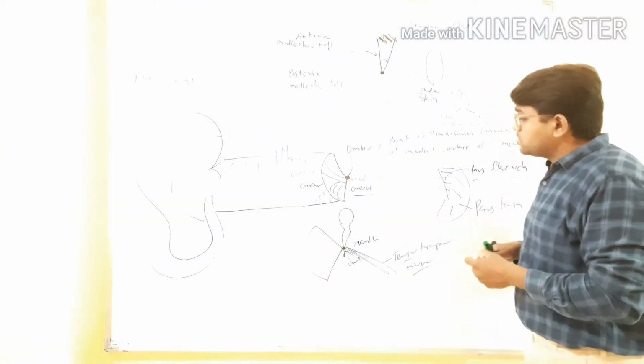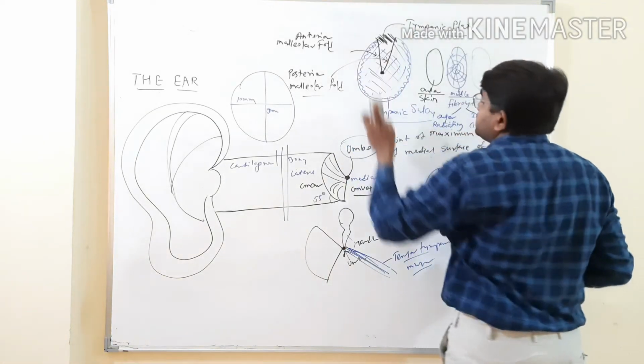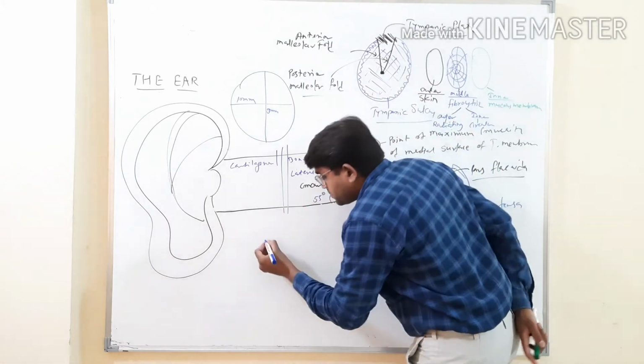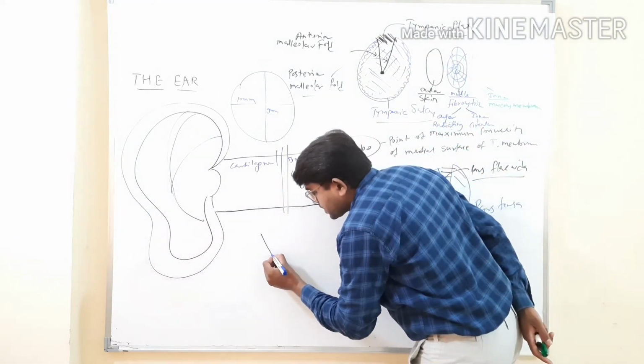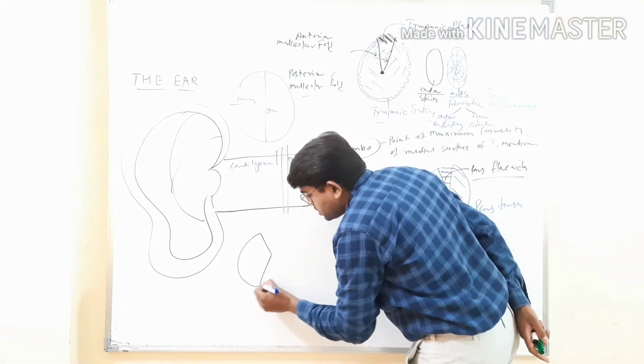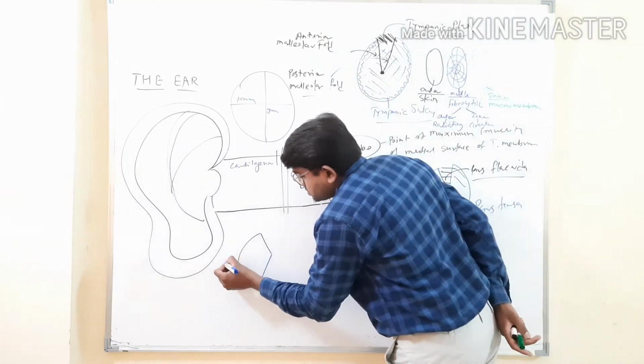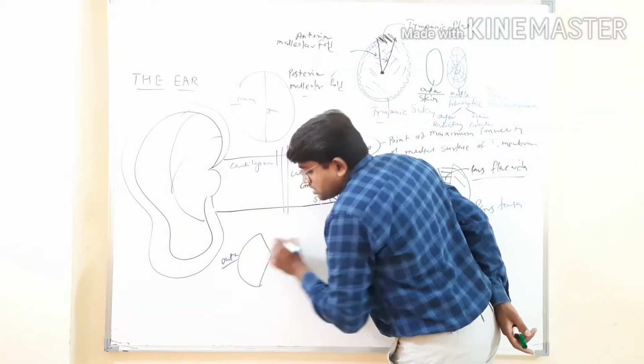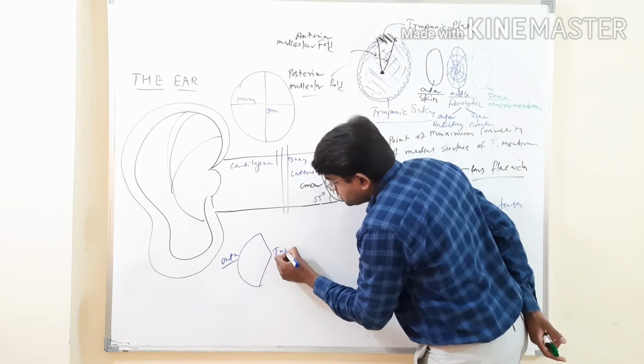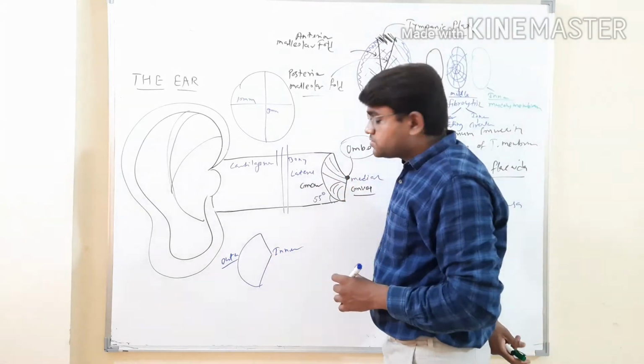Okay. Now the arterial supply of the ear. Let me see the arterial supply. It has two surfaces, the outer surface and the inner surface.